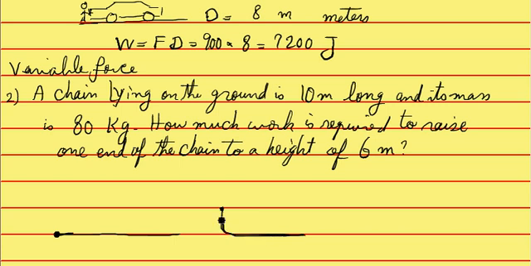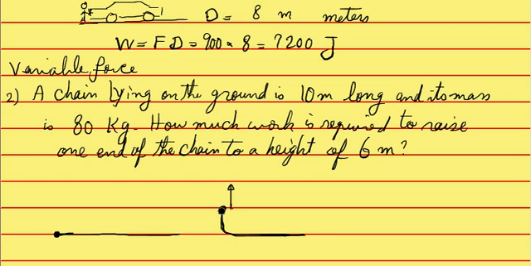Now notice, as I lift this end up, I will need to spend gradually more and more force, because more and more of the chain is hanging off of my hand. The section of it that is on the floor, I don't need to support, but the section that is rising up, I need to hold that one up. So the force that I'm exerting here, I'm exerting some force.